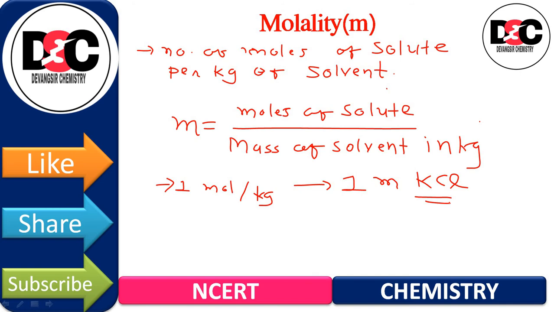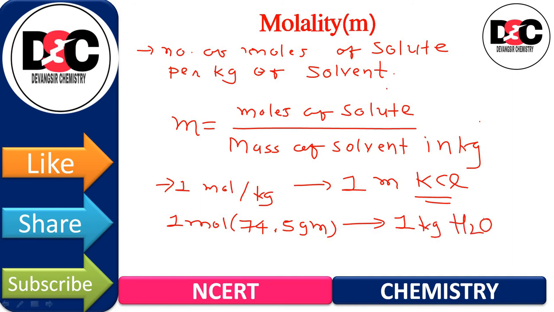That means 1 mole of KCl, that is 74.5 gram of KCl, dissolved in 1 kg of water. Okay, so this is the molality.